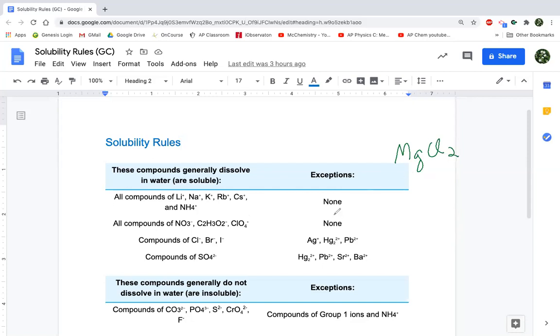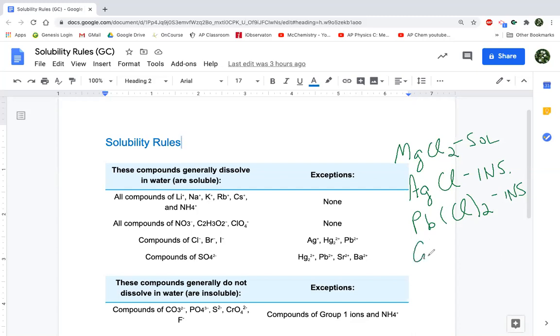That's not an exception, so we would expect this to be soluble. But if we have silver chloride, that's an exception, so this is insoluble. Same thing if we had lead(II) chloride. Usually chlorides are soluble, but lead is not, so this would be insoluble.